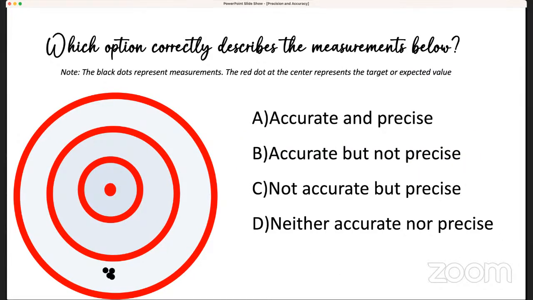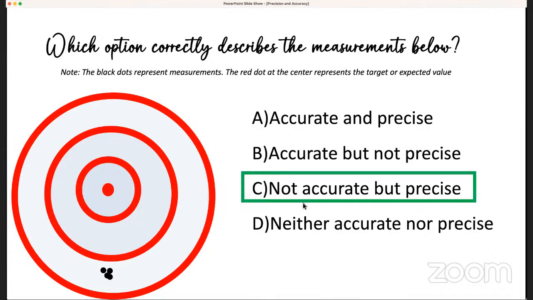And here we have another option. So which of the 4 options describes the measurement in this slide? Okay, so everyone says C, and C is indeed correct.